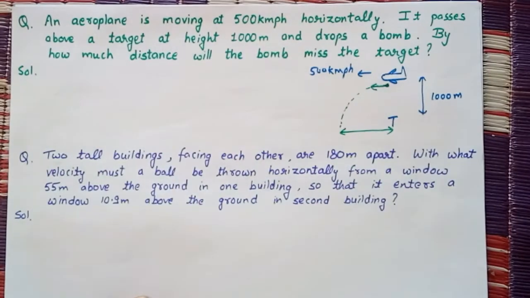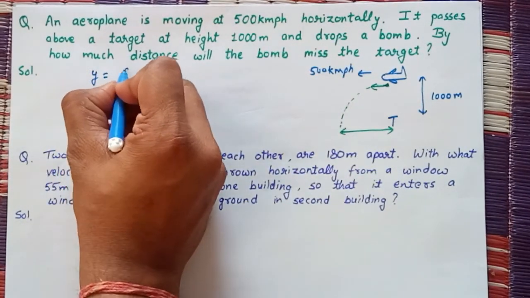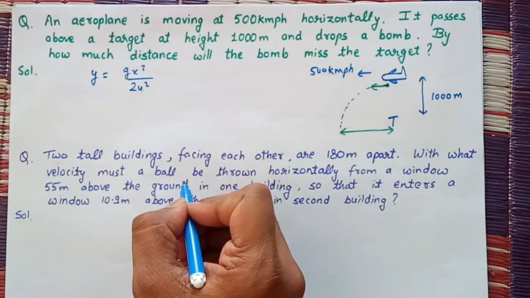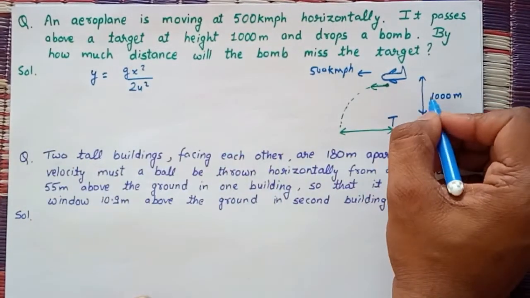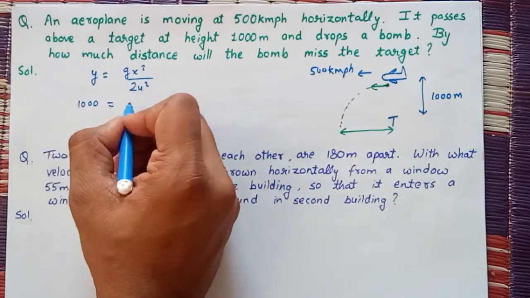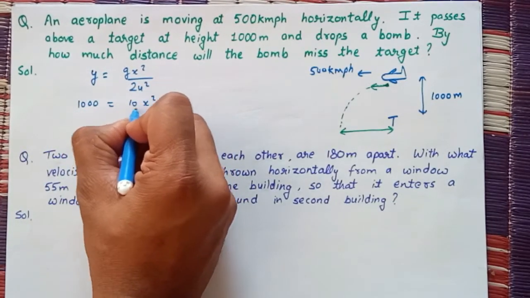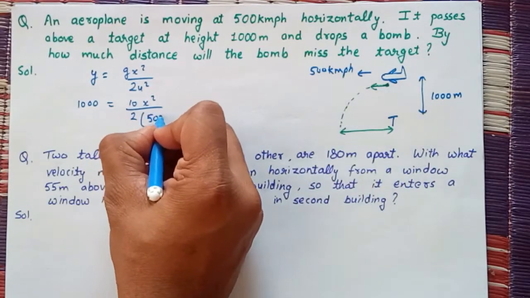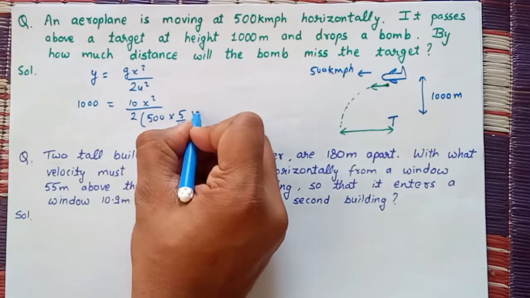Applying the equation y is equal to gx square upon 2u square, which is the equation of trajectory for horizontal projection. Vertical distance y is 1000 meter, and g is 10, multiplied by x square upon 2. What is u? Velocity is 500 kilometer per hour, so we multiply it by 5 by 18, whole square.